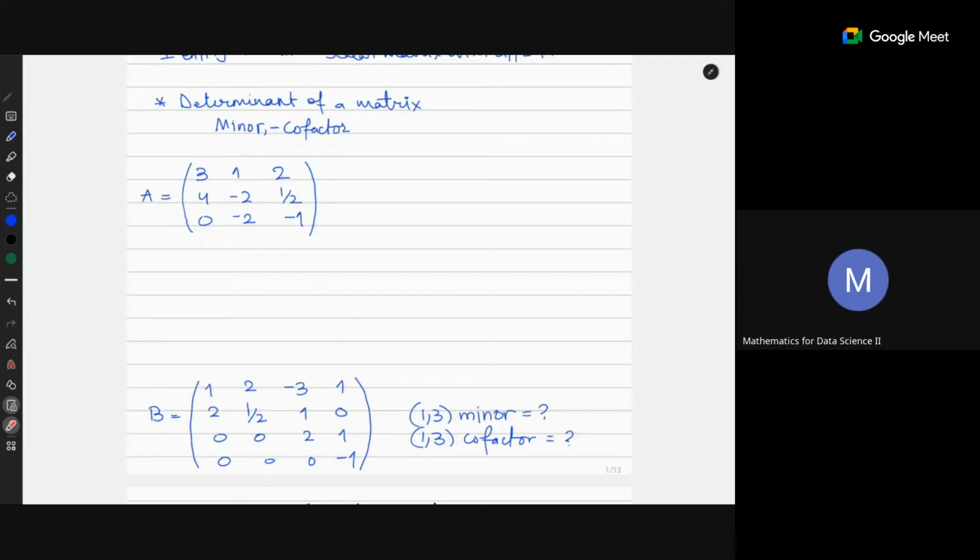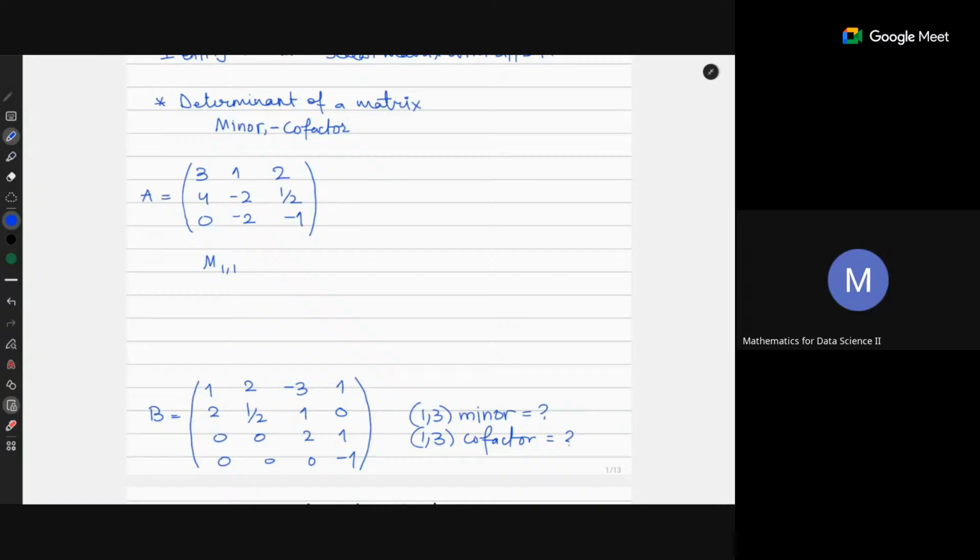And how do we calculate a minor? If I want to calculate the minor of this entry, the 1 comma 1 entry, then I remove the respective row and column, the first row and the first column. I get a submatrix, which is again a square matrix of order 2 cross 2. The minor is denoted by M11.